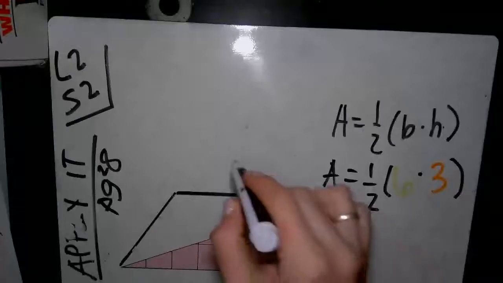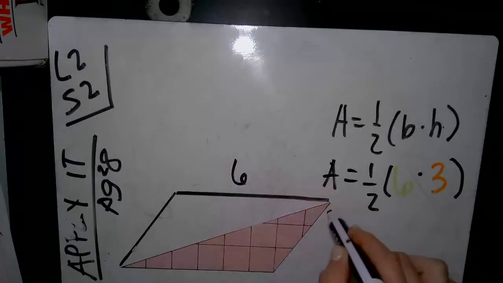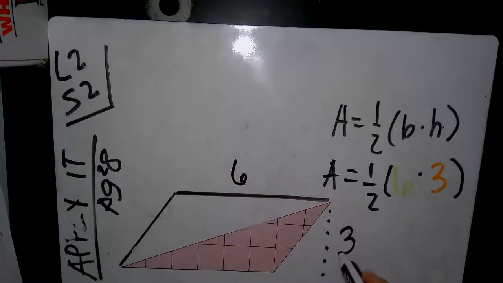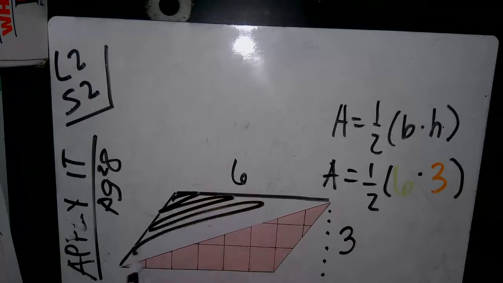This parallelogram has a base of 6 and a height of 3. But remember, this gives me the area that includes all of this. And we only want to know the area for the pink triangle.